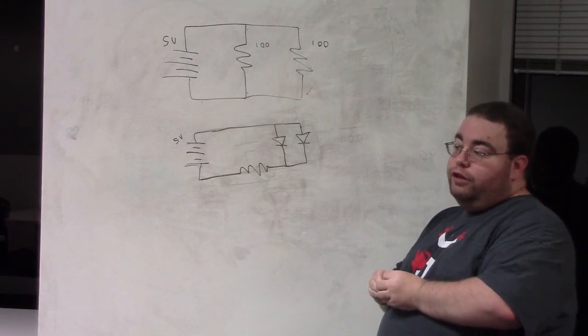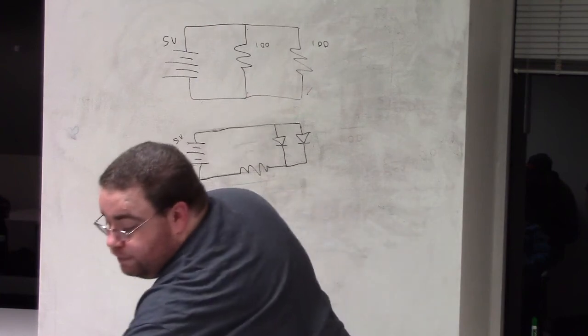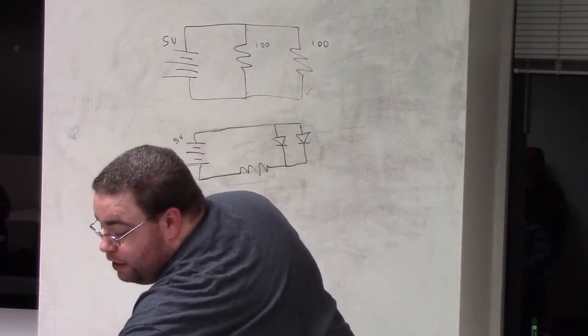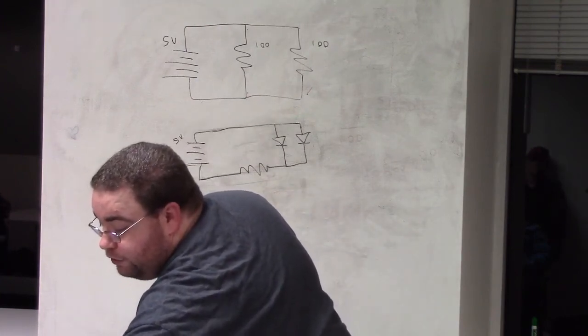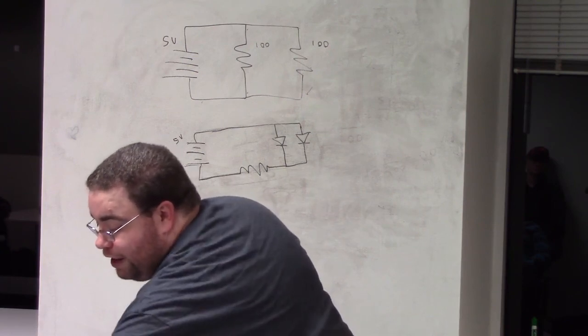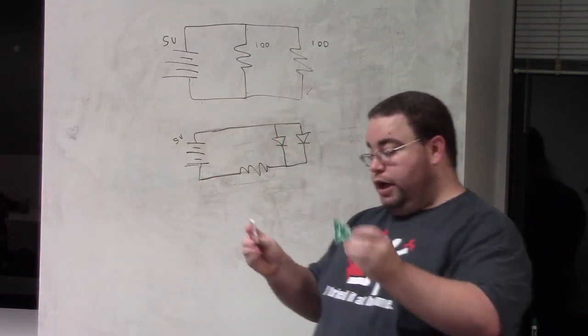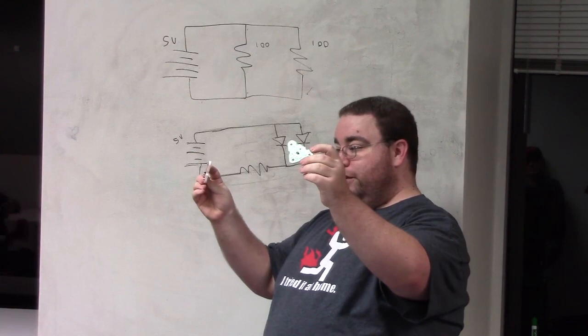The other thing you do with semiconductors is if you have three of them, an N and then a P and then another N, or vice versa, a P and then an N and then another P, you can make what's called a transistor. So I just want to touch on this a little bit. NPN and PNP transistors.